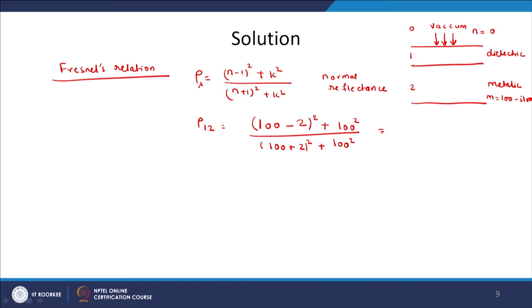Had it been vacuum and metallic substrate, instead of 100 minus 2 I would have taken 100 minus 1. This value is equal to 0.96. So, highly reflective: the reflectance of the metallic substrate is 0.96.